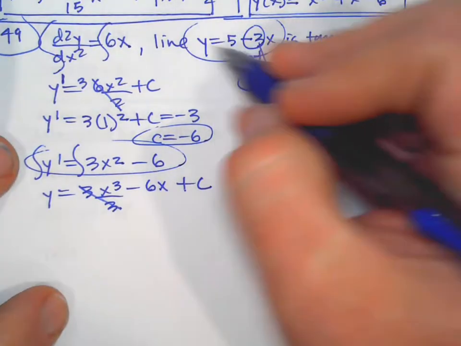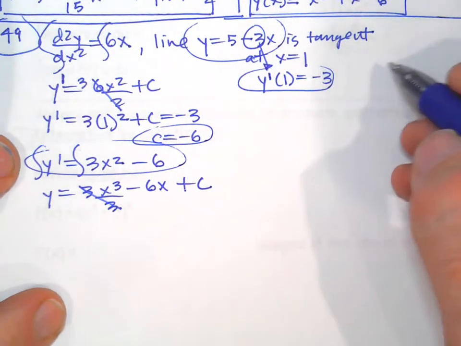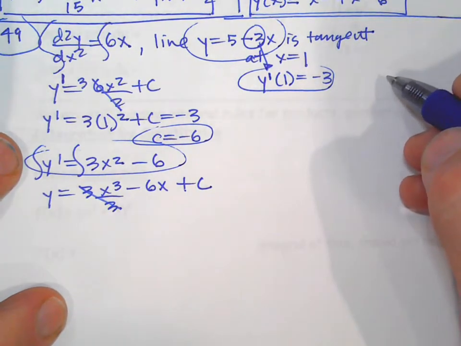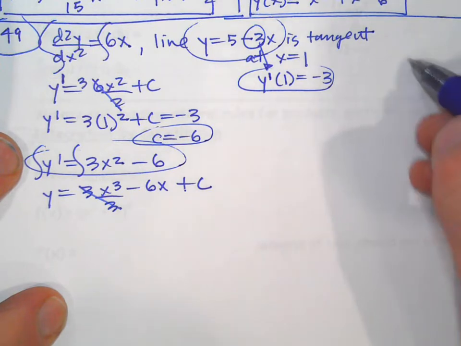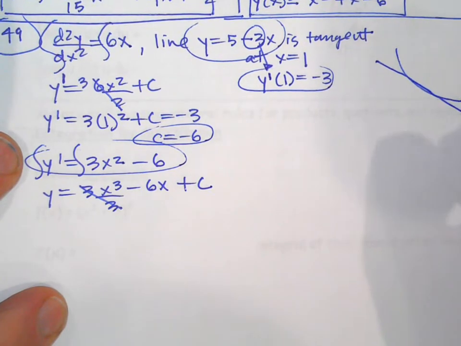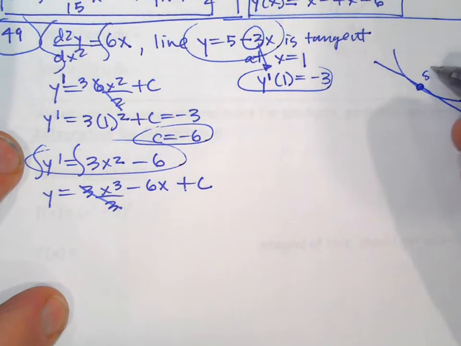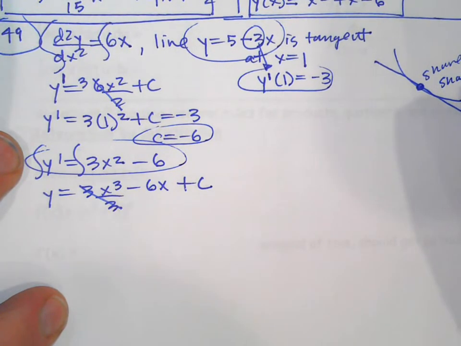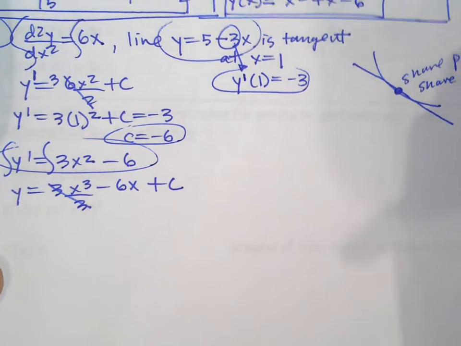This is the equation of the tangent line. If you have a curve and you have a tangent line, we've talked about this before, they share a point and they share a slope. Now, we already used the slope that they share, but now we can use the point that they share.